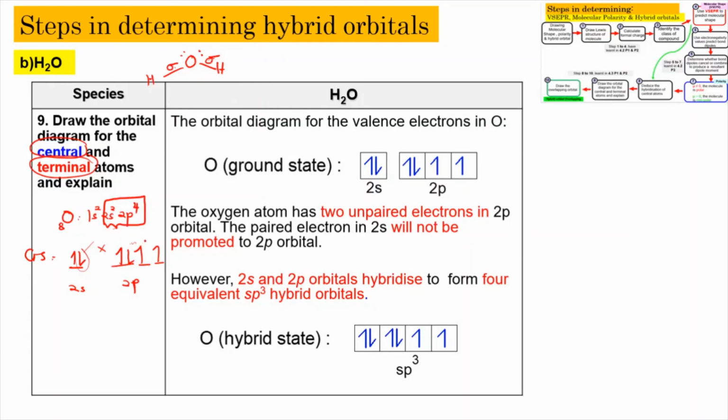They came from unpaired electrons. So we only have 2 possible unpaired electrons to form 2 sigma bonds, so we don't have to excite it as before. Our ground state and our excited state are going to be the same.